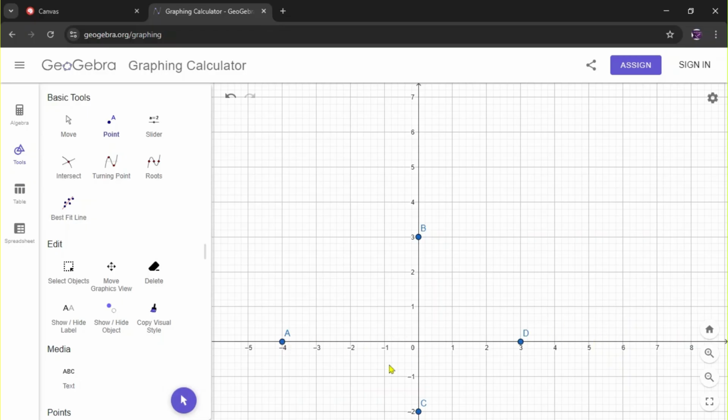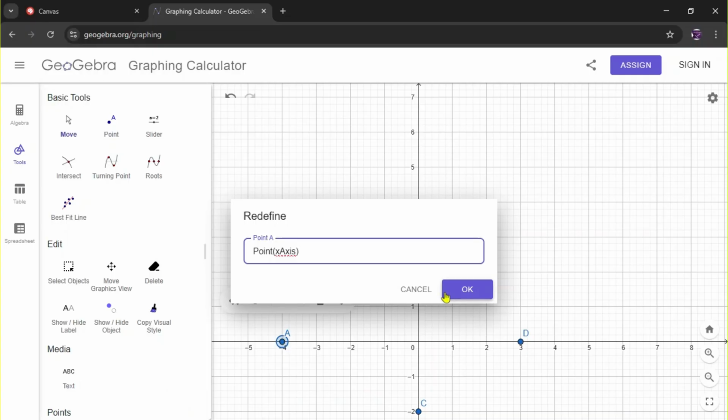Because it's on our x-axis, if a line passes through here, this one is the x-intercept.